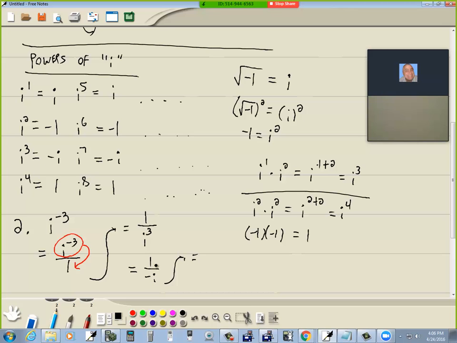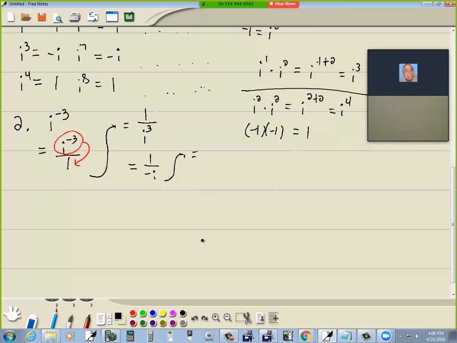So then 1 divided by negative i. Problem is we can't have an i in the denominator. So we have to simplify that. And how you get rid of an i in the denominator, you multiply the top and bottom by i. And you always do that. If you ever have a single i in your denominator, you just multiply by i.